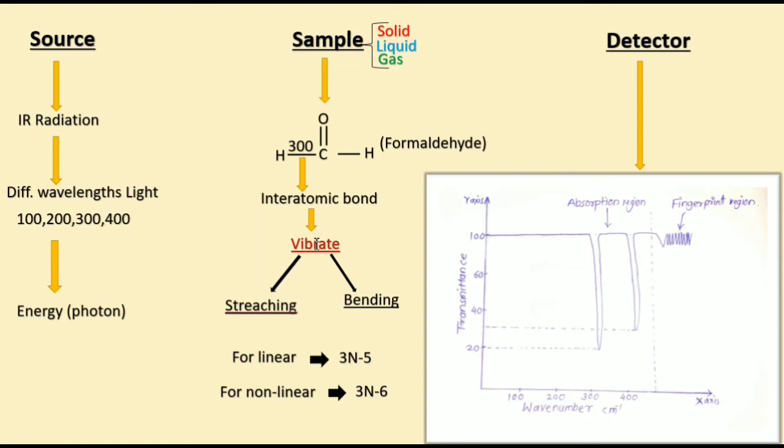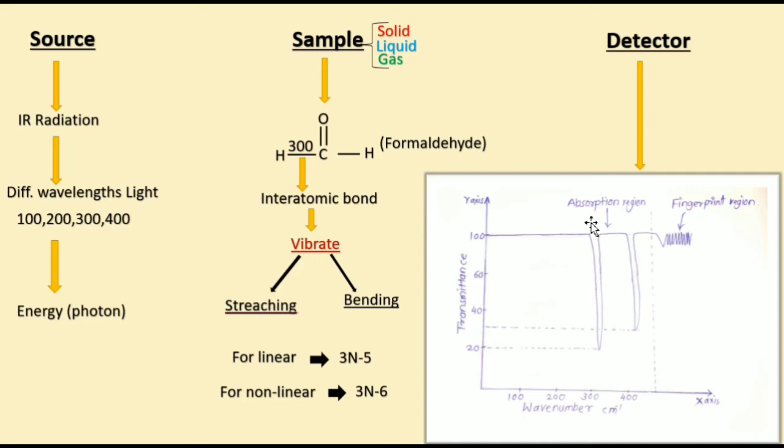Then we look at the spectrum here. On the x-axis, at 300 and 400 wavelength we will see peaks of absorption, because this light is absorbed by the sample molecule, and hence transmittance will be less, and the detector will detect less transmitted light.